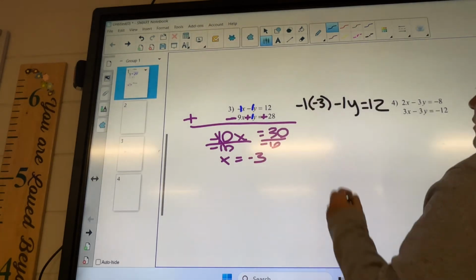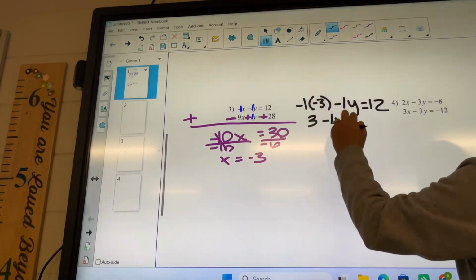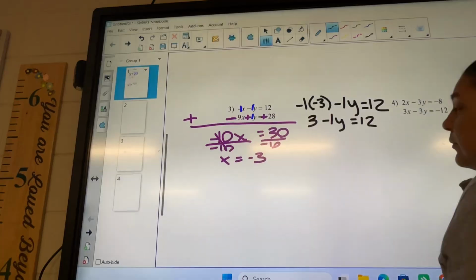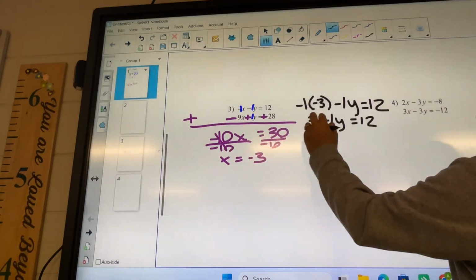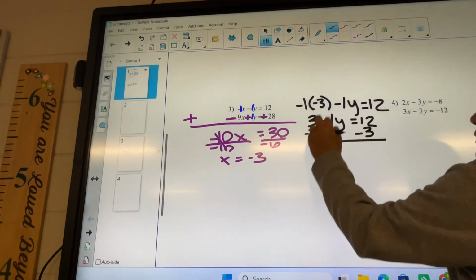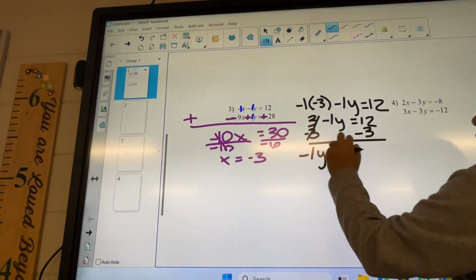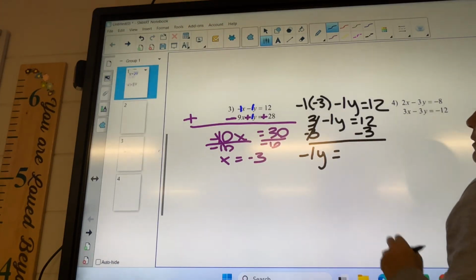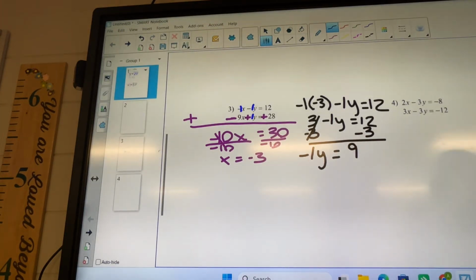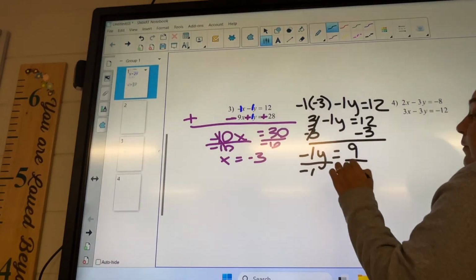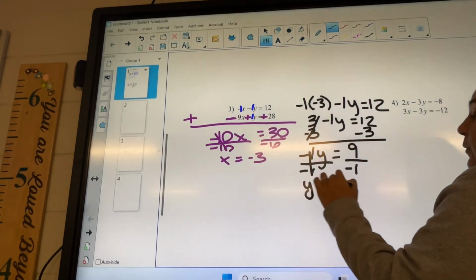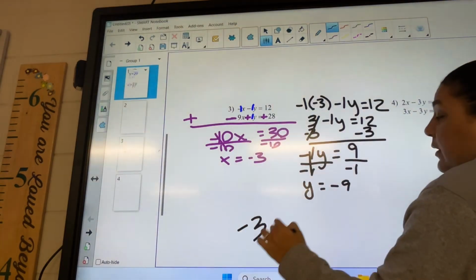Okay, negative 1 times negative 3 is a positive 3 minus 1y equals 12. We're going to subtract 3 from both sides. And I got negative 1y equals 9. And then divide by negative 1. We get negative 9. So I got negative 3, negative 9.